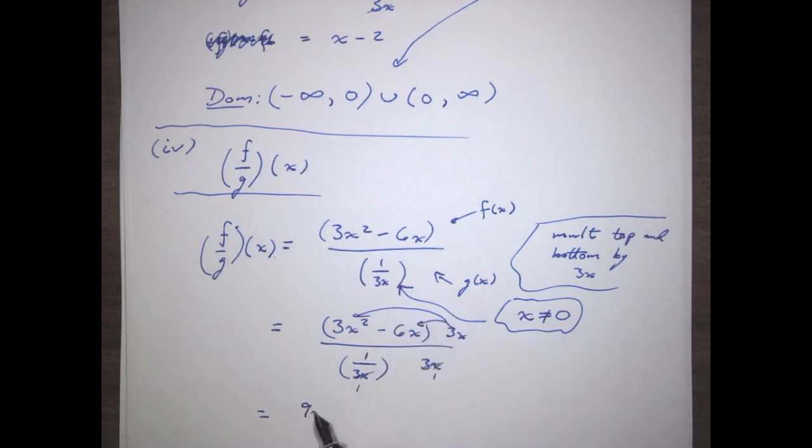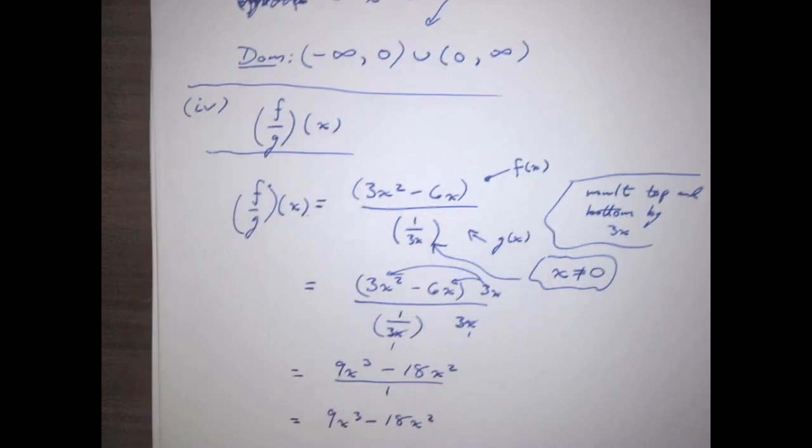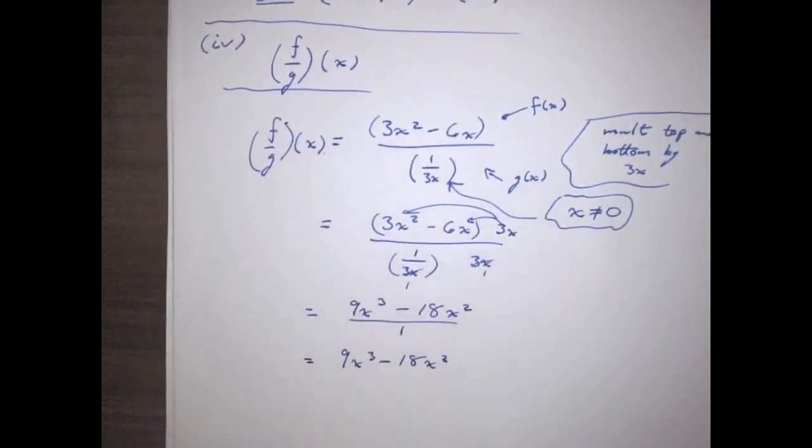And we're gonna have 9x, so x cubed, and then minus 18, an x and an x for an x squared, all divided by 1, or in other words, just 9x cubed minus 18x squared. Divided by the 1, we can omit that.